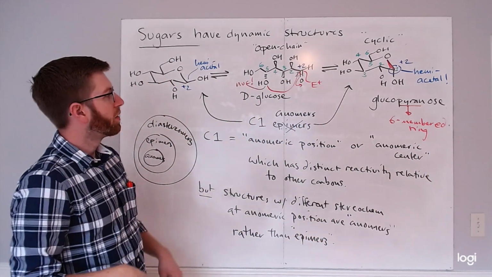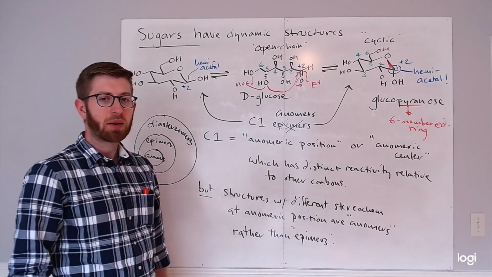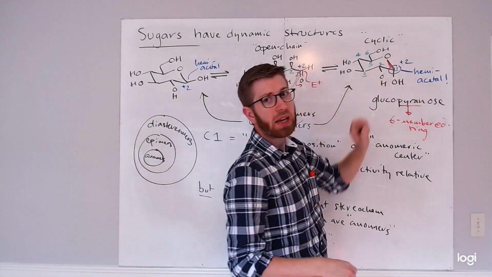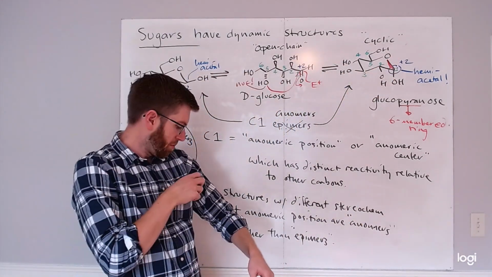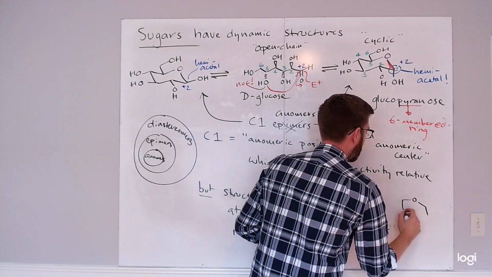I want to be clear that a cyclohexane, a 6-membered ring, is not a pyran. A pyran is actually a 6-membered ring that contains an oxygen. So the most simple pyran would be a structure like this.